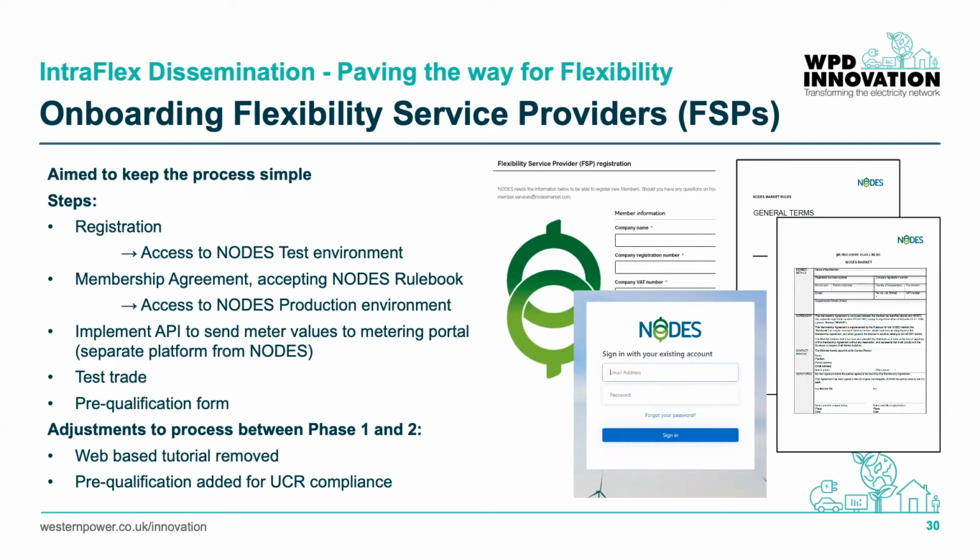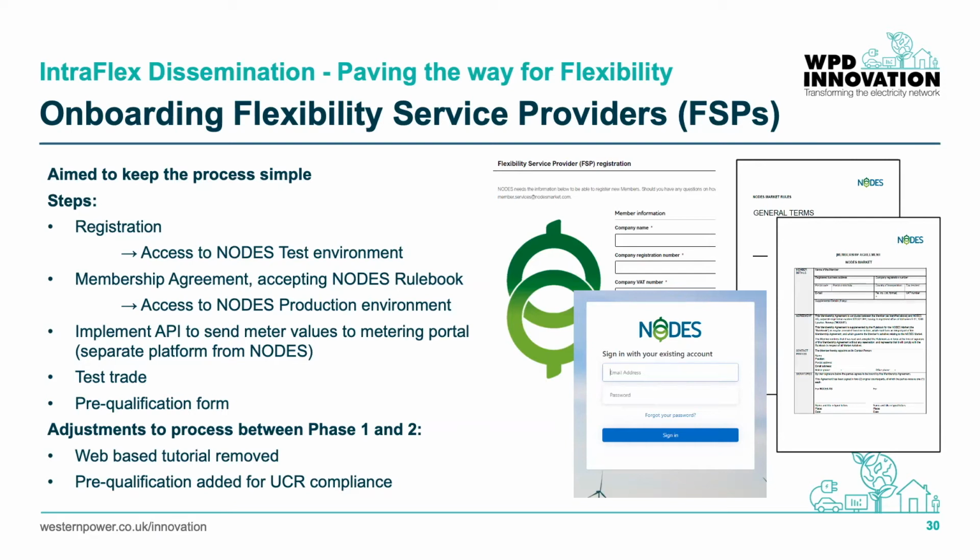And third, as Gary mentioned, flexibility service providers also needed to implement a simple API to send meter values. And last, prior to go live, sellers also needed to complete a test trade. So that's the test 0 that Gary also mentioned.